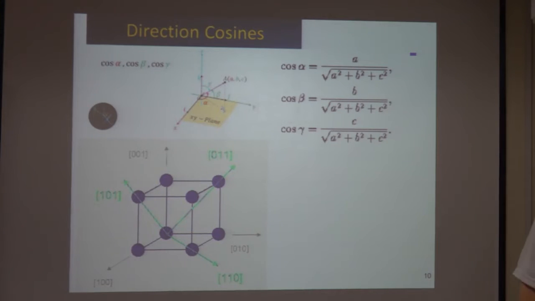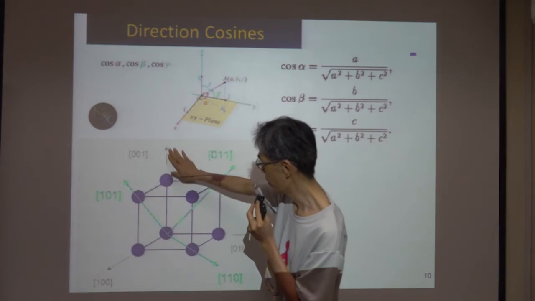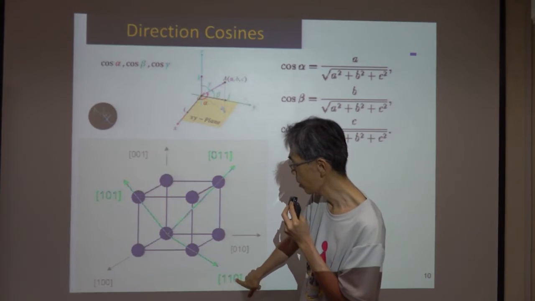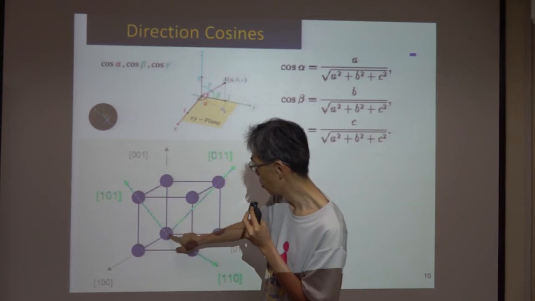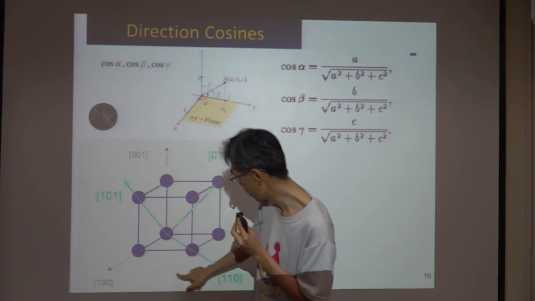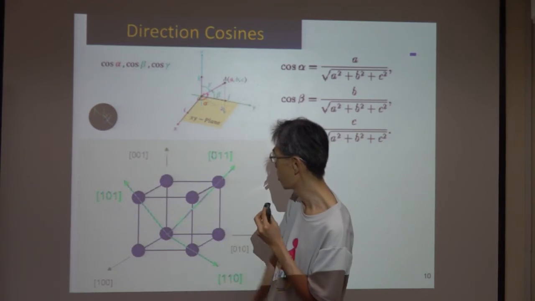Then we need this for our other slides after this one. Direction cosines. In this coordinate system, we have the 1 1 0 direction, the 0 1 1 direction, and the 1 0 1 direction, because this is the 1 0 0 direction, this is the 0 1 0 direction, this is the 0 0 1 direction.